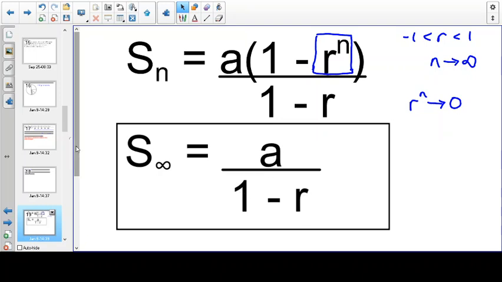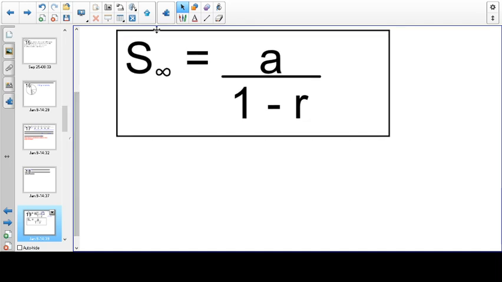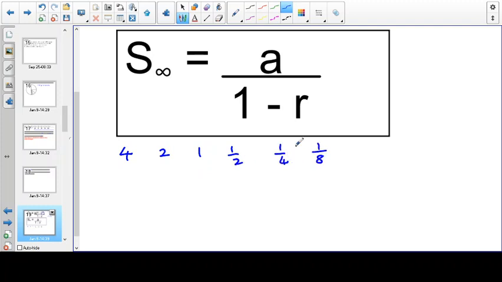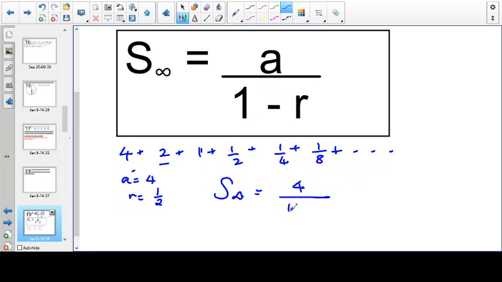Okay, and you get that in the formula booklet as it is. So it's dead easy. In terms of the previous one, 4, 2, 1, a half, a quarter, that added up to 8. a was 4, r was a half, so the sum to infinity is a, which is 4, over 1 minus a half. 4 over a half, 4 divided by a half, which is 8.